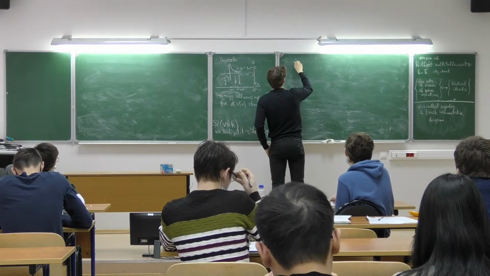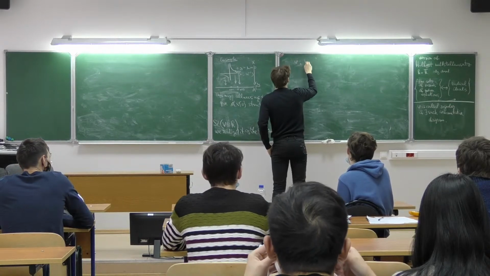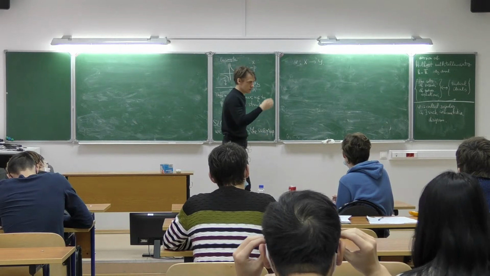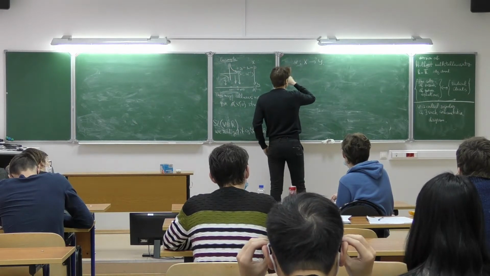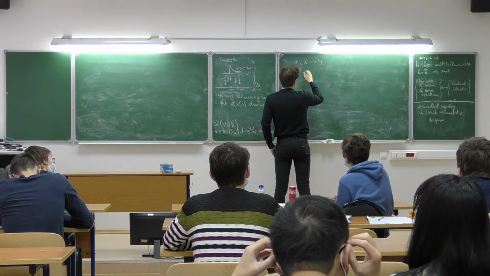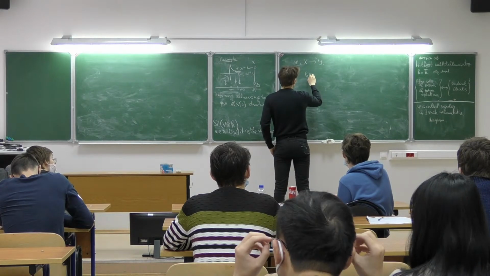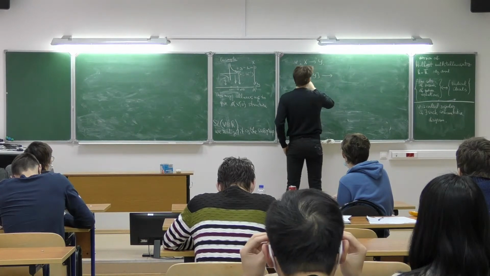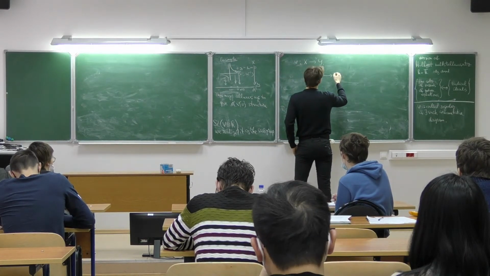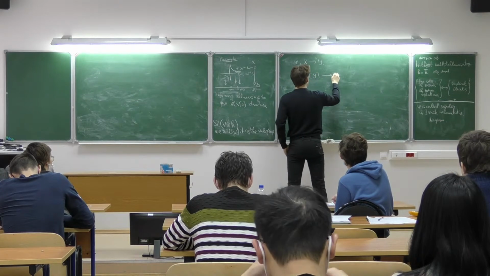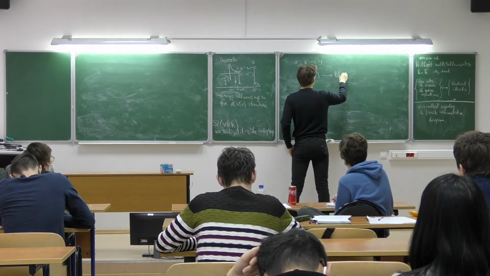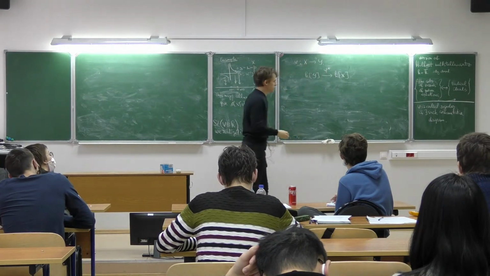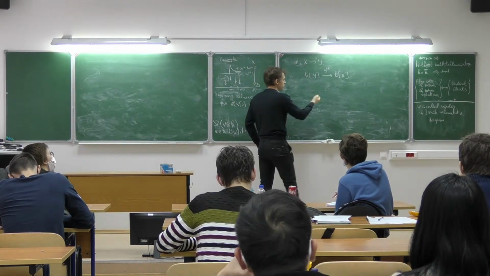If you have the morphism phi between varieties, then of course you have the notion of pullback. You have a map from the functions k of y to the functions on x via the pullback map, which is defined simply as composition.